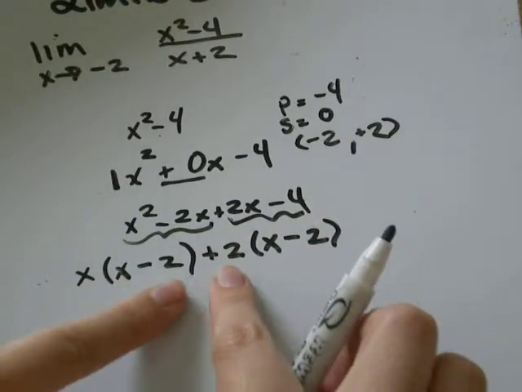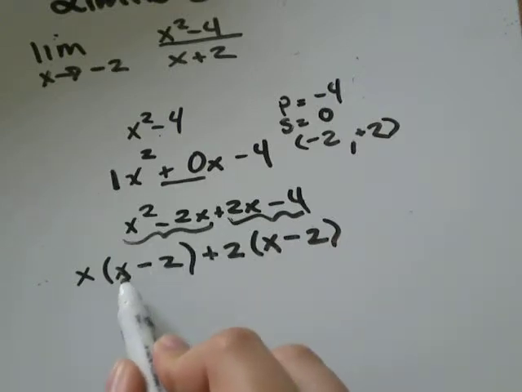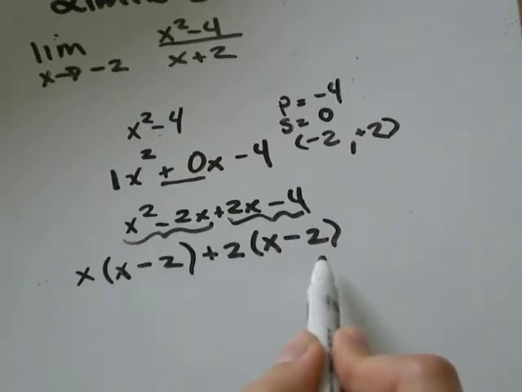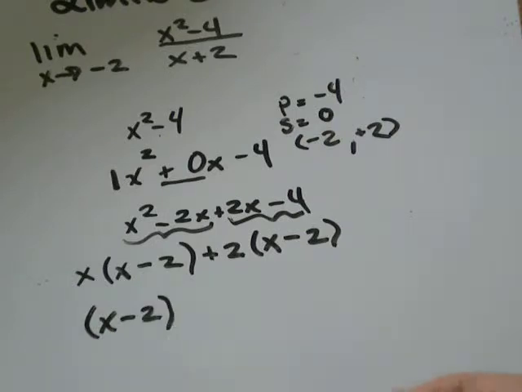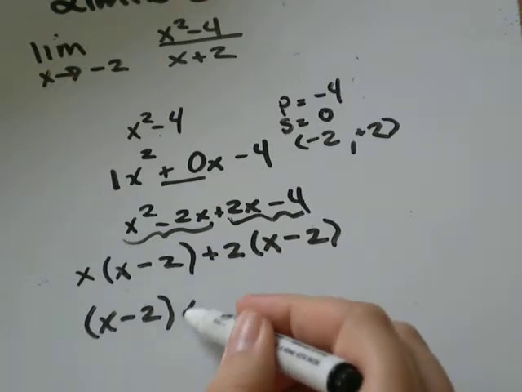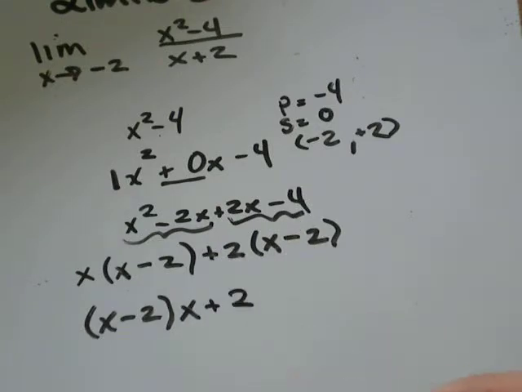Now I look at these two terms. What do they have in common? They're both being multiplied by x minus 2. So I'll factor out x minus 2 from both of those terms. When I take away x minus 2 here, I'm just left with x, and here I'm left with plus 2. I'll drop a set of brackets around those.